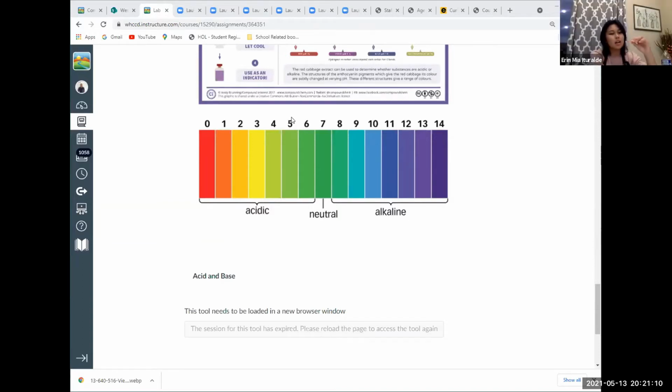Dr. Henry, how do we know if our Kool-Aid is not just dyeing our pH strip? That is a very good question. That is a possibility. If you have red Kool-Aid, it's a strong possibility that you're dyeing your strip, right? Because if you get Kool-Aid on your hand, doesn't your hand turn red? Yeah, my hand's all red.